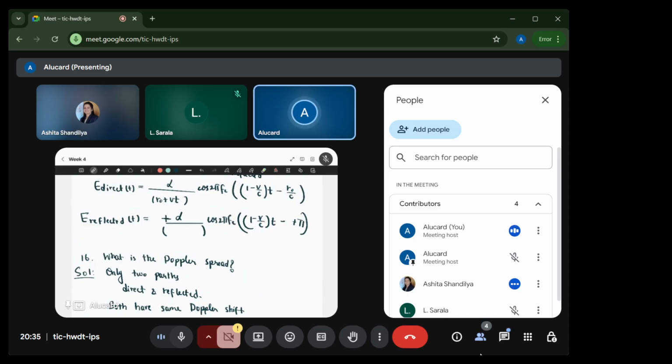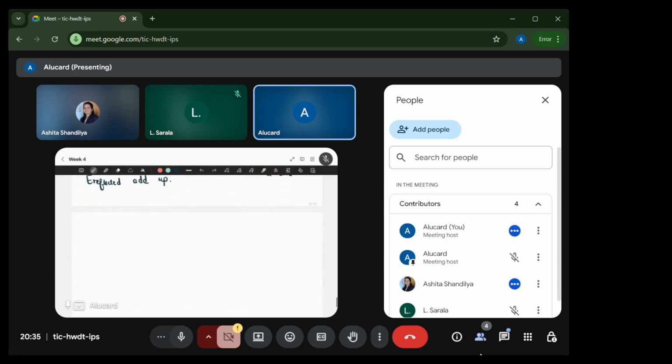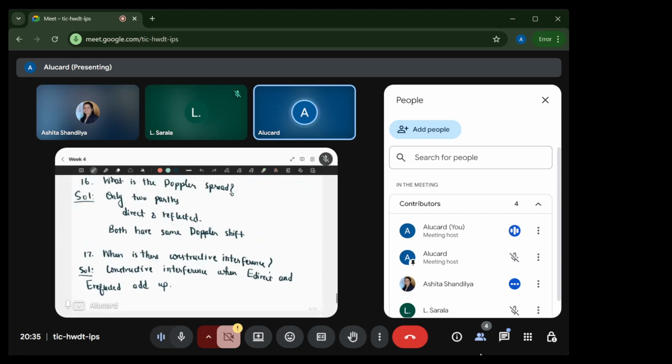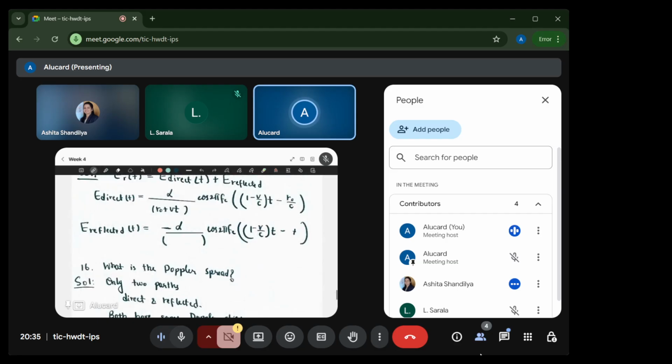So then the constructive interference will happen only when the terms inside the cosine function are equal. And when will that happen? You can see that in both the terms 1 minus v over c t are common, so that will be the same.